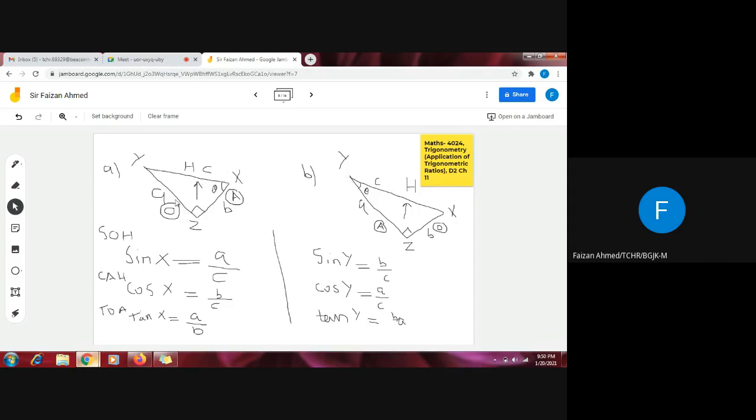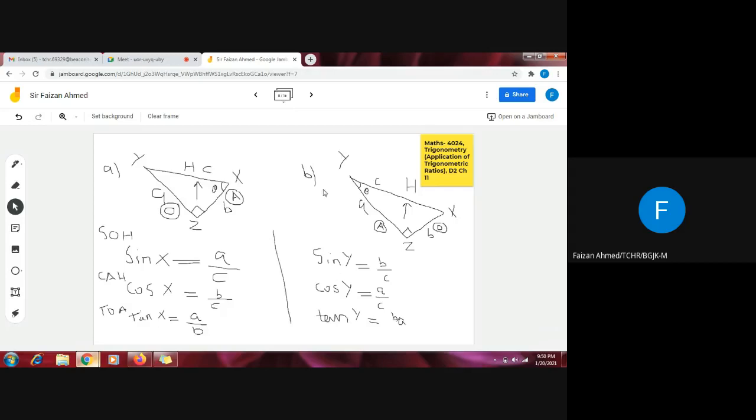So XYZ is the name of the triangle, and the side lengths are B, C, and A. This has been mentioned in the question, and I have been asked to find the value of sin x, cos x, and tan x.